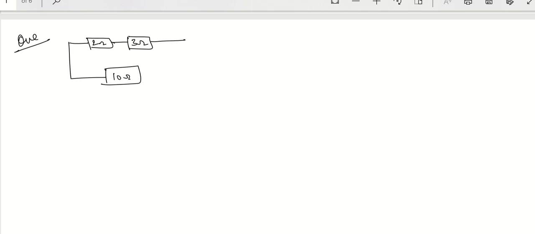Okay. So if I go here now, I am going to further understand a little bit differently. So I know the series, I know the parallel. If I have a question, let's say for example, you are having 2 ohms, you are having 3 ohms, and let's say you are having here something like 10 ohms, and then you are connected here with the source like this.